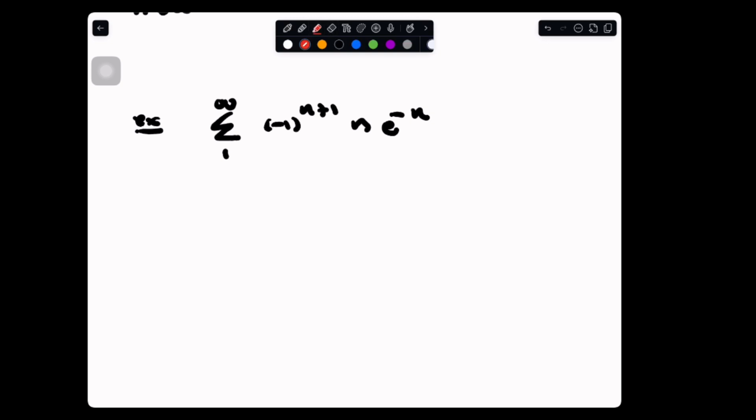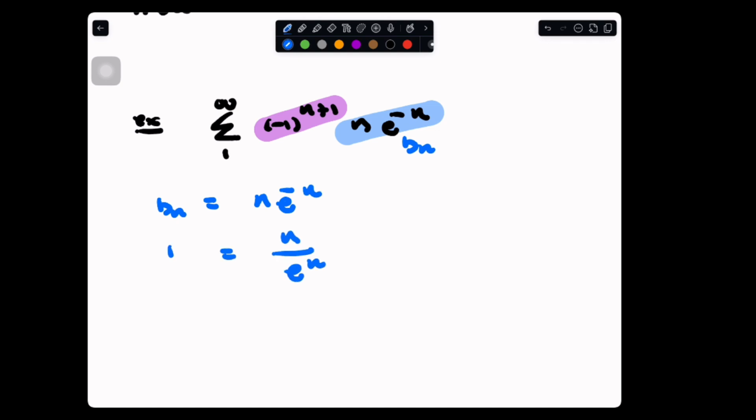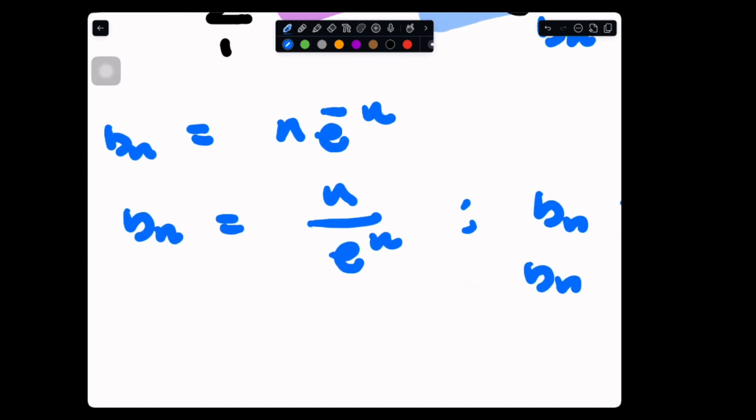Clearly an alternating series because you got the alternating mechanism. And then you got this Bn. Is that true? So my Bn is going to be what? n e to the minus n. So this is n over e to the n. Here's that Bn. All right. So I know my Bn is positive. Is Bn decreasing? Well, the answer is yes. How do I actually know?